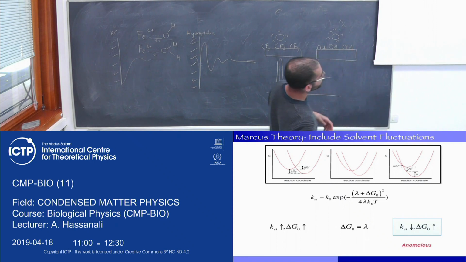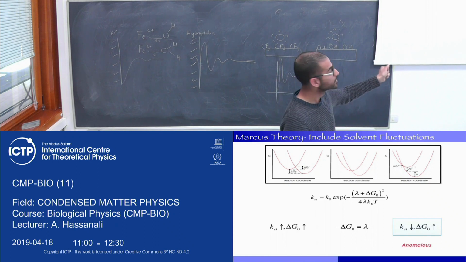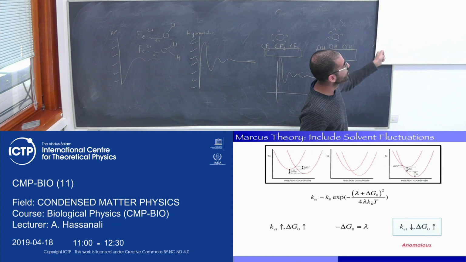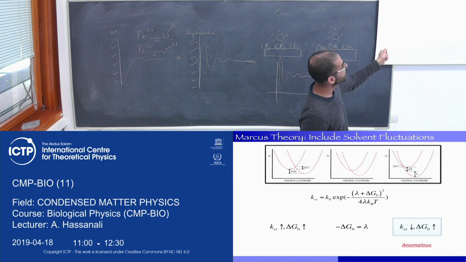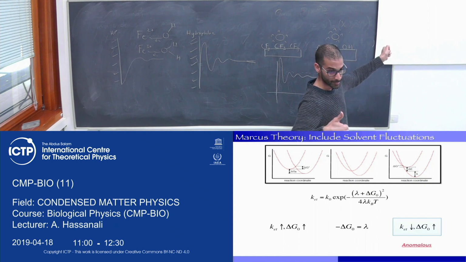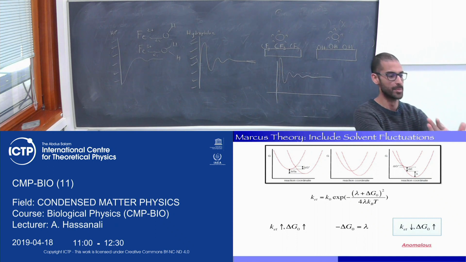And what Rudy predicted was that there are basically three regimes of electron transfer. There's this regime which he called the normal region. In the normal region, if the delta G, which is the driving force, increases, the electron transfer rate increases because the barrier drops. So if I take two parabolas here and I start them like this, and I start making the driving force more, the electron transfer rate will increase.